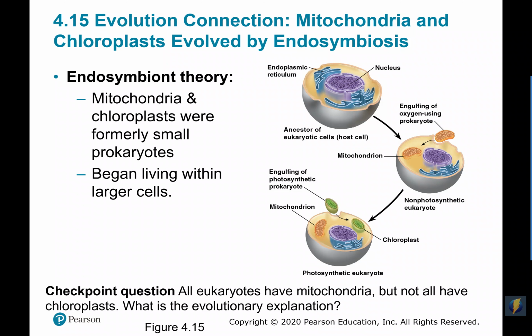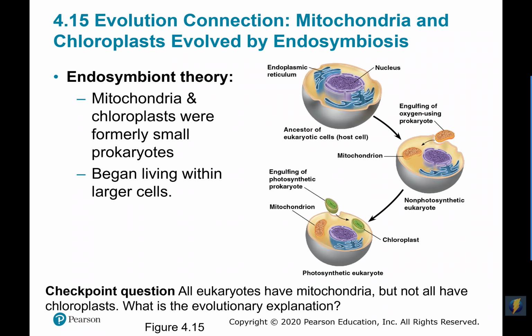As the atmosphere was getting more oxygen in it, this eukaryotic cell got energy from the mitochondria, and that was quite useful for the larger cell. The mitochondria, the little oxygen-using protist, got some food from the bigger cell. So it was a mutually beneficial arrangement.